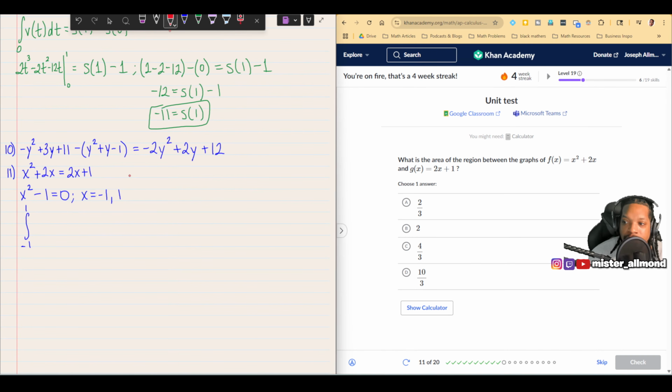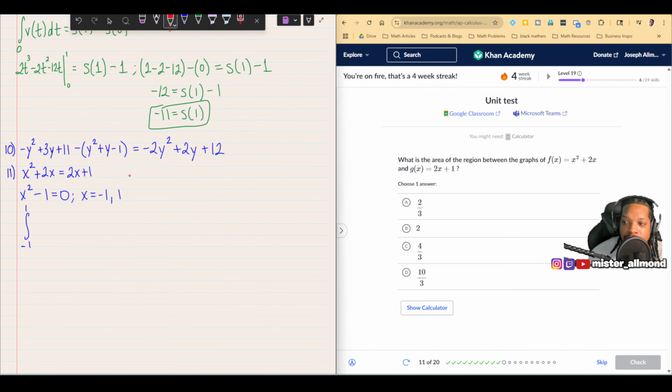So this becomes negative x squared. 2x minus 2x cancels out, and then I got a plus 1. Yeah, this looks right. All right, integrating this, I will get negative x cubed over 3 plus x, evaluated from -1 to 1.